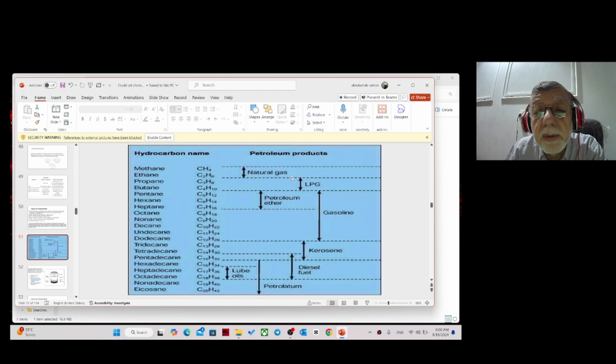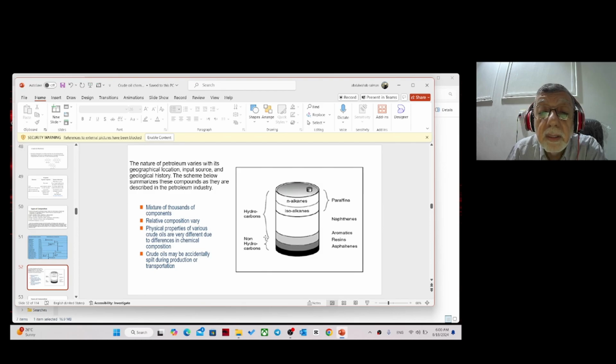C1, C2 become natural gas, C3, C4 are LPG, and from C5 to C12 it becomes gasoline and also petroleum ether, and it becomes kerosene, then from C15 up it becomes diesel, and then from C16 up it becomes liquid lubricating oil, and then petroleum fuel or petroleum coke. Also, this is the barrel of crude oil, and this is the content of this barrel.